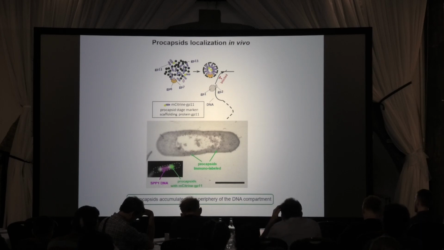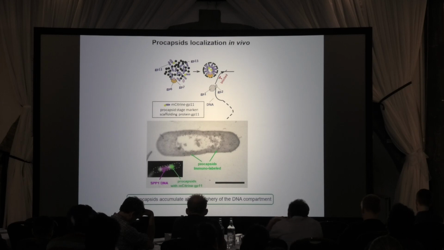So when we look at the whole thing together, we are getting replication in different areas of the viral DNA compartment, and procapsids are localized here, which we interpret as where DNA packaging might occur. It's not a proof, but that's the best we can do at the moment.